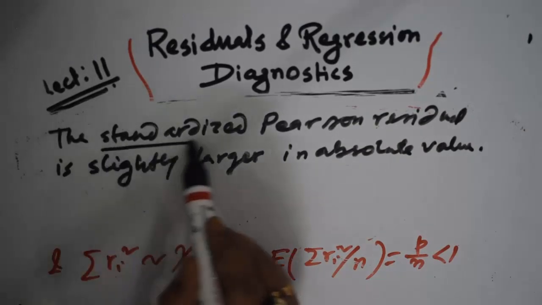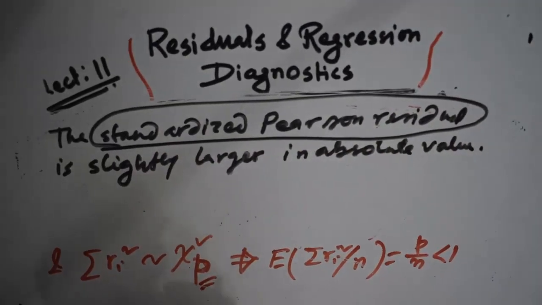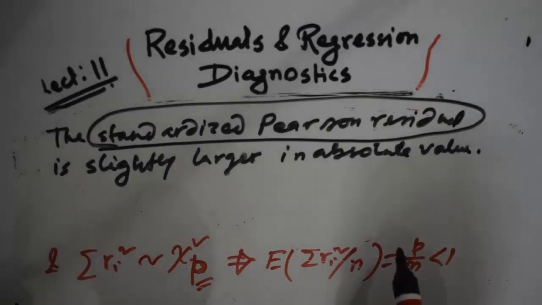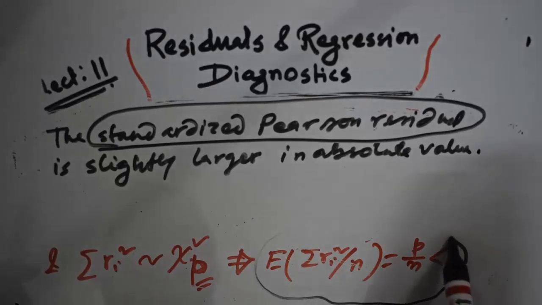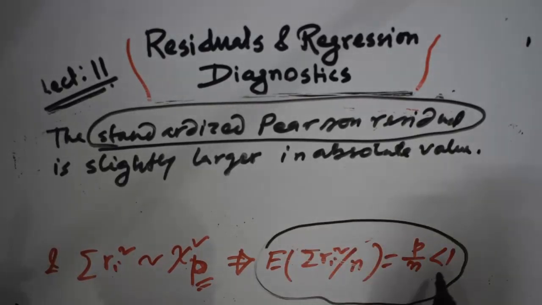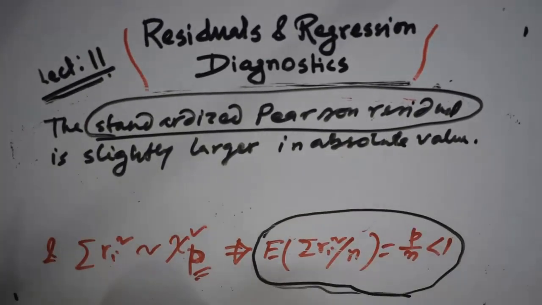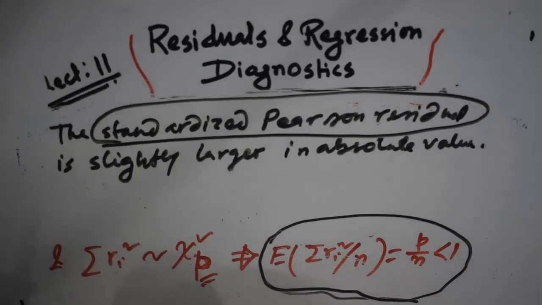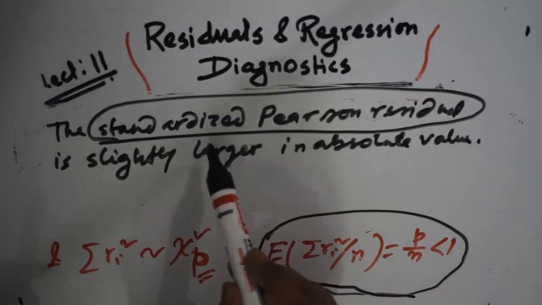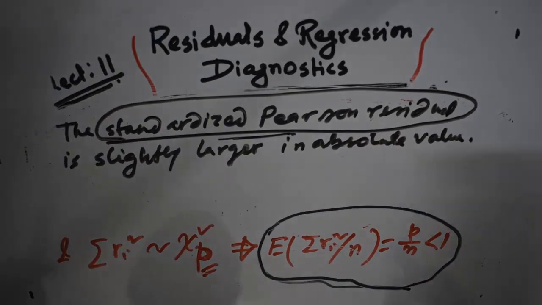So now I define Pearson residuals, because since expectation Ri square by n is less than 1, we define standardized Pearson residual because this is slightly larger in absolute sense.